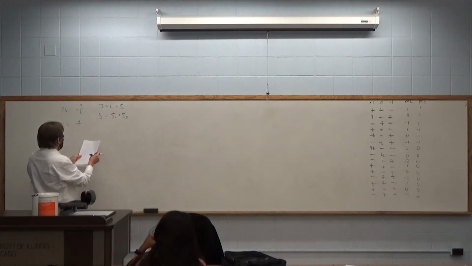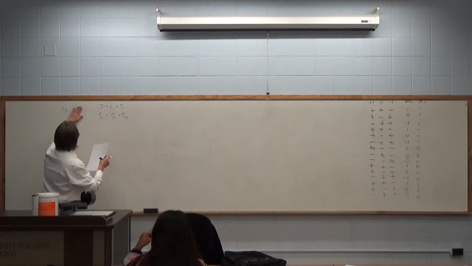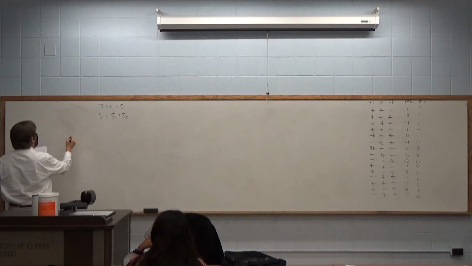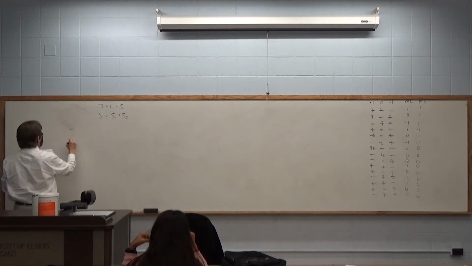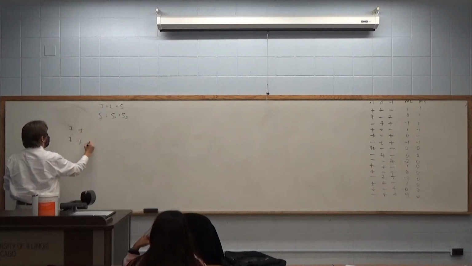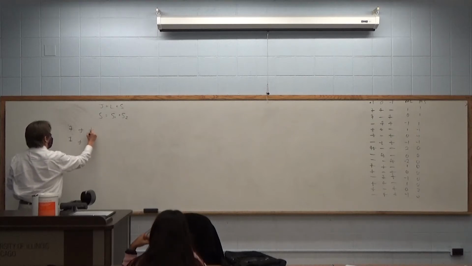Really, when I do that, that's actually kind of stupid. What you really have to do is create a basis set: up up, up down, down up, down down. Your basis set needs to be everything you can think of.